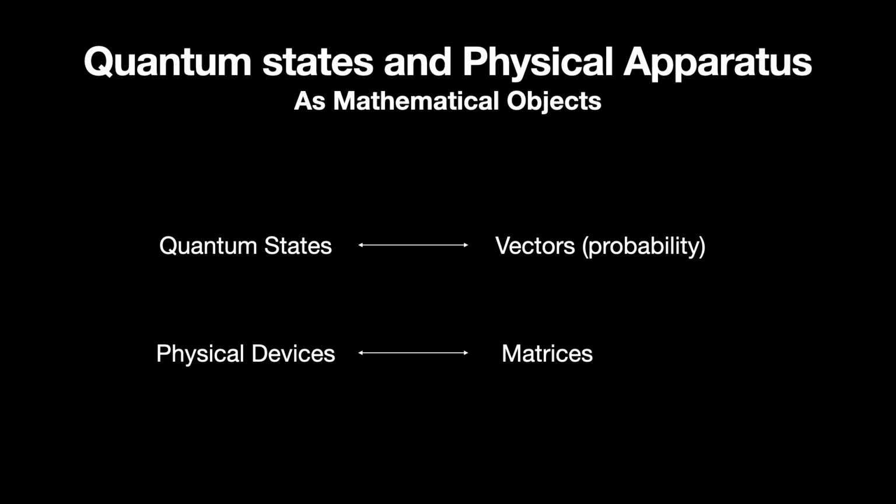It turns out that if I represent quantum states as vectors, and to be a little bit more precise, we can call them probability vectors, then the physical devices which are performing some changes or transformations onto these vectors can be represented as matrices. It turns out that this is true, but the interesting thing is, what is the right way of expressing those vectors, and how do I represent, let's say, the matrix for the z apparatus so that I'm able to describe the observations from the quantum experiment that we've been doing. So that's the discussion for the next part of the module.